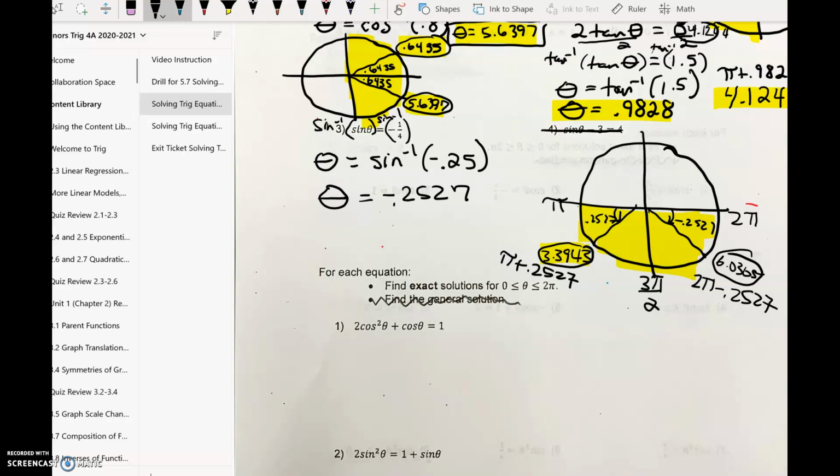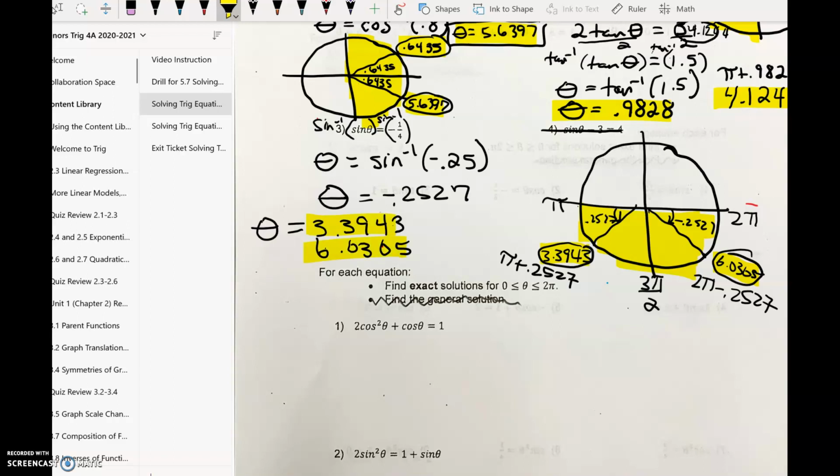That's a 0, by the way, not a 6. Hopefully you can tell that. So my two answers that I got were 3.3943 and 6.0305. And they're my quadrant 3 and quadrant 4 answers.